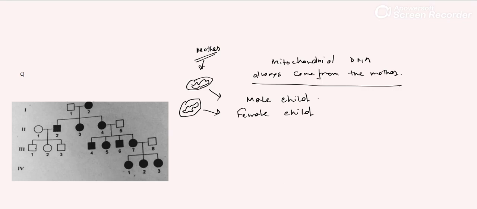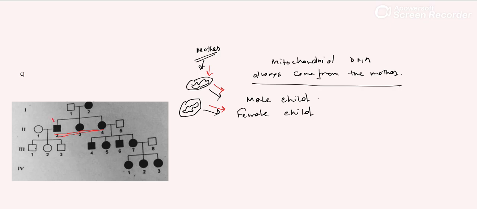So now we can start our explanation in the case of number 3. We have seen here that mother is affected. It is not X-linked dominant mutation, it is not an X-linked recessive mutation as we have discussed before. So mother is affected, all the boys and girls of the first generation are affected. Mitochondria comes in male and female from the mother, so all their children should be affected.